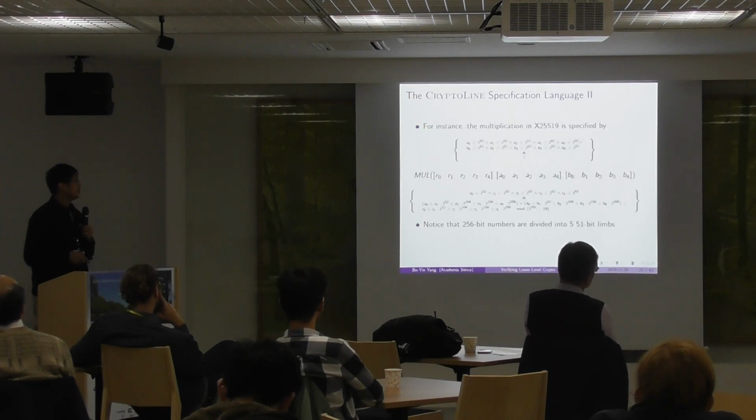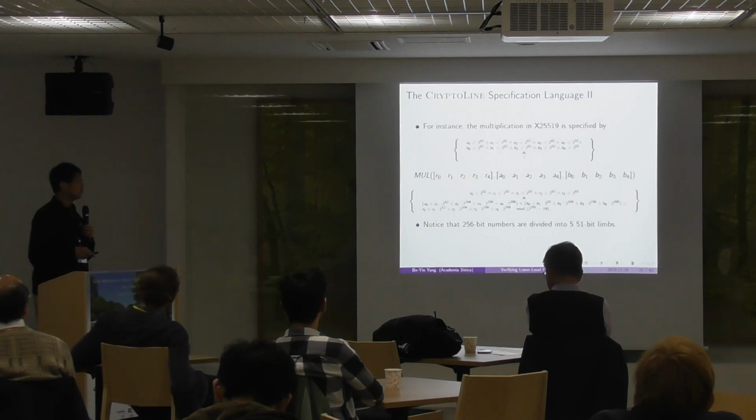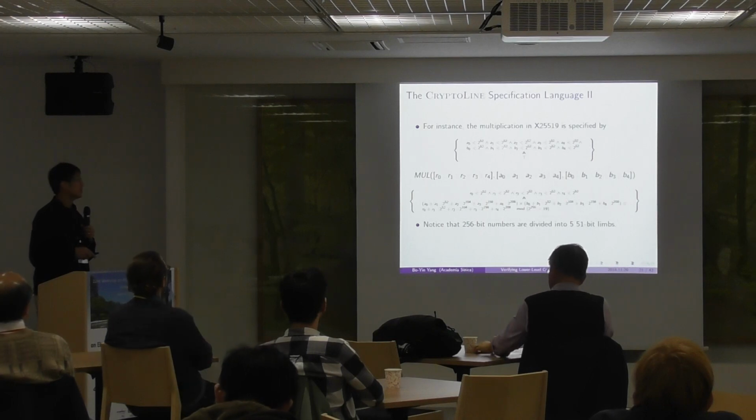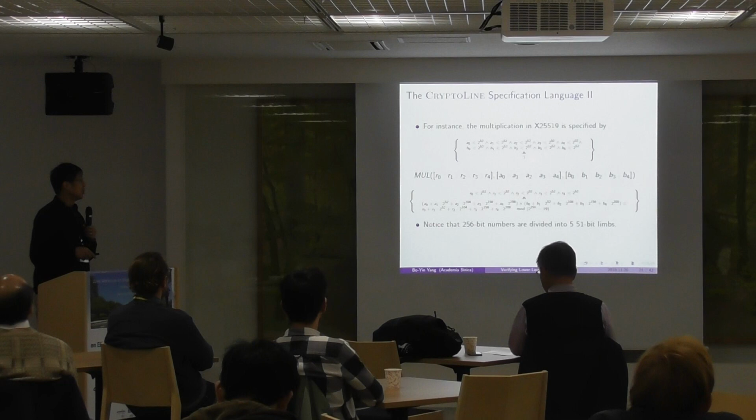All right, so the multiplication in 25519 starts out by having the following specification. Each of the inputs is less than 2 to the 52. So this is a 5-limb redundant representation. And there are no specifications in the beginning.